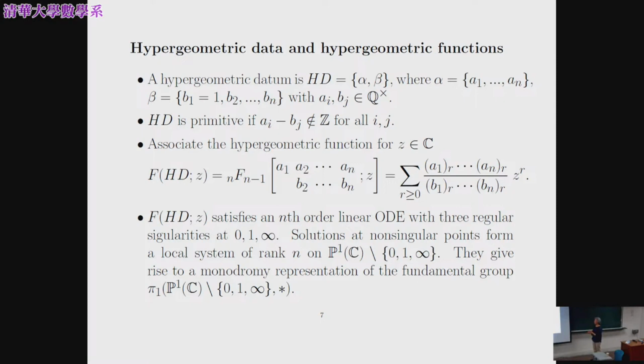On the other hand, it's independent if we permute the columns. So if we permute column AI, BI with a column AJ, BJ, then the representation stays the same. And secondly, the Galois representation only depends on these numbers modulo Z, so only the fractional part. The integer part is irrelevant. So that is different from the complex case.